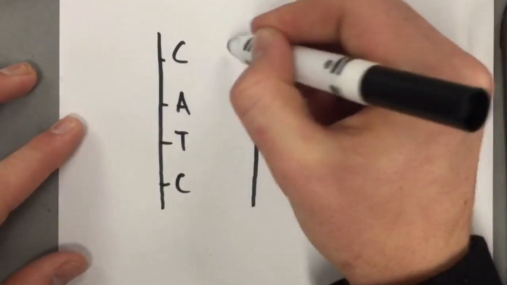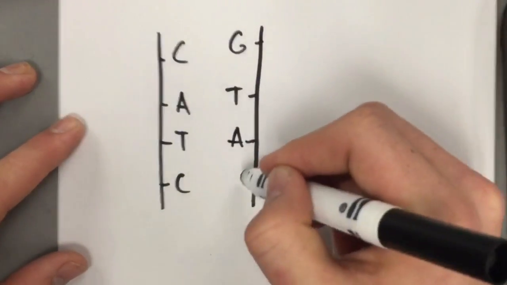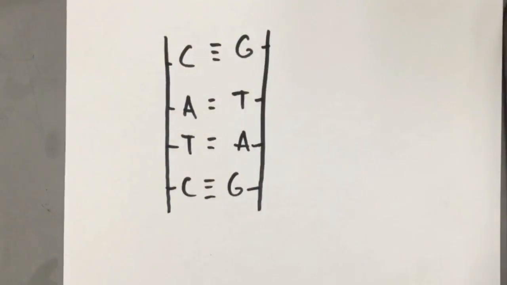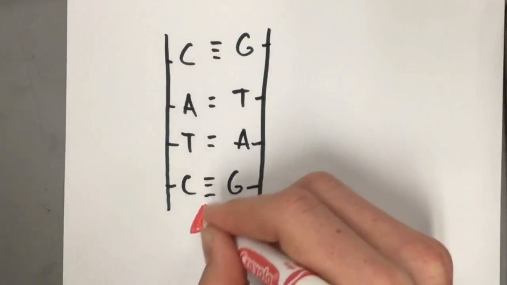Alright, so in this picture you can see how helicase goes up through the bonds and breaks them all apart. It always goes 3 to 5.